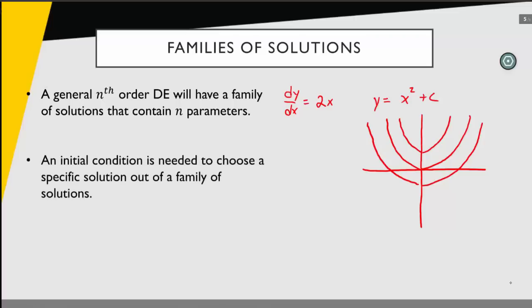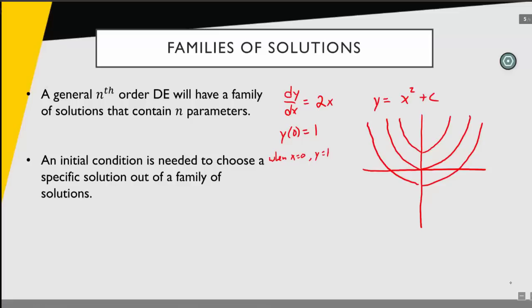Next, an initial condition is needed to choose a specific solution out of a family of solutions. So all of these curves satisfy our differential equation. What we'll need to pick out a specific one is another condition. Oftentimes we'll write this as an initial value problem, which provides the differential equation, but also a condition that might look like y of 0 equals 1. What this means is that when x equals 0, y equals 1.